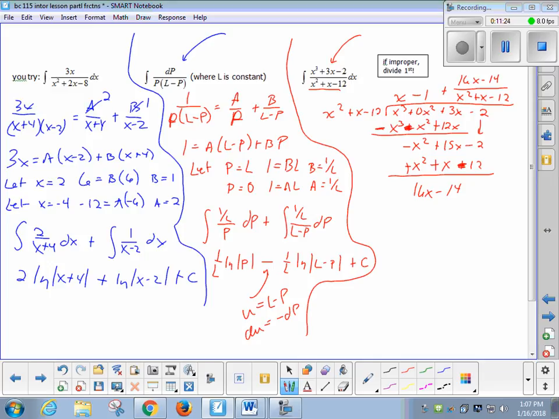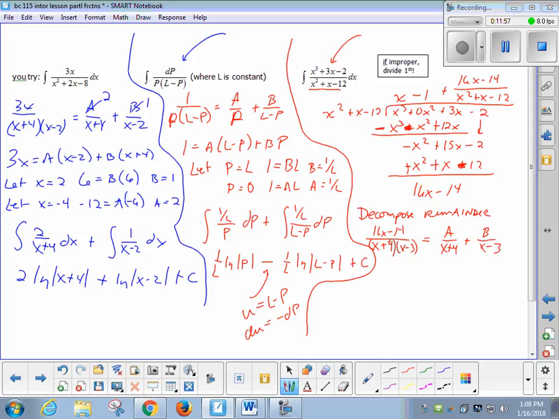Okay, now we're ready to decompose the remainder. We are to break 16x minus 14 over x plus 4 times x minus 3 into A over x plus 4 plus B over x minus 3.